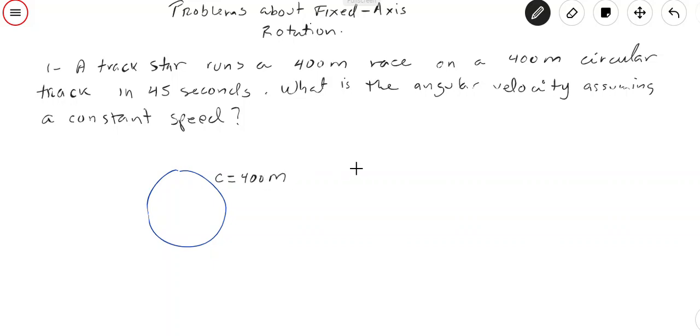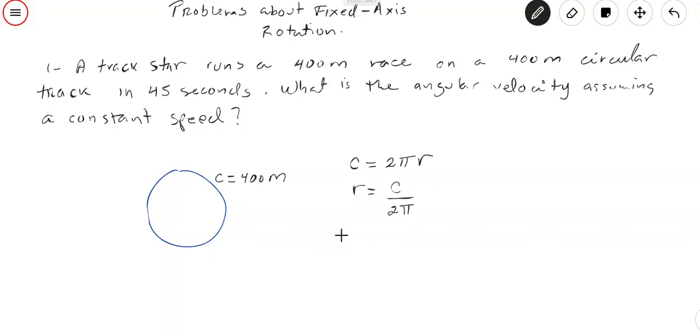Now, what we know is that the circumference is equal to 2 times pi times the radius of the circle. So this is how we find the circumference of a circle. Now, if we solve for the radius, we know that the radius will be equal to the circumference over 2 pi. That's why I am solving for the radius.